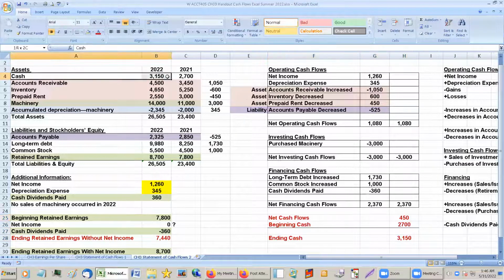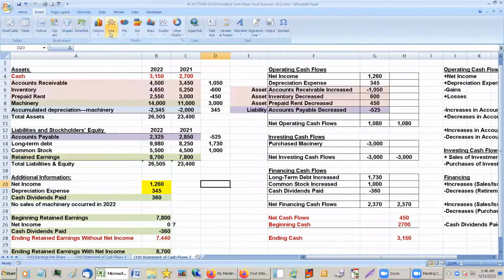Okay, so notice that this cash, it explains this cash account, how it went up.